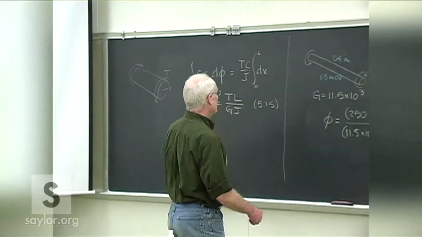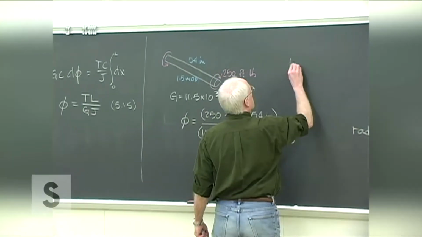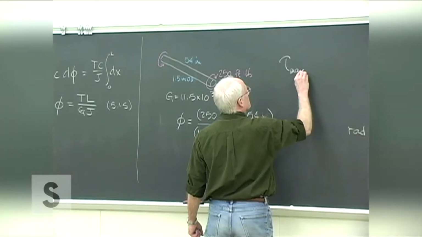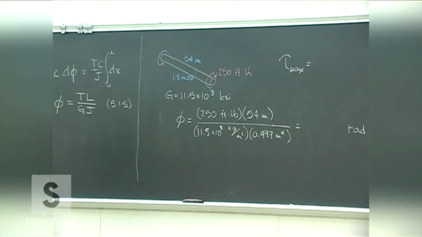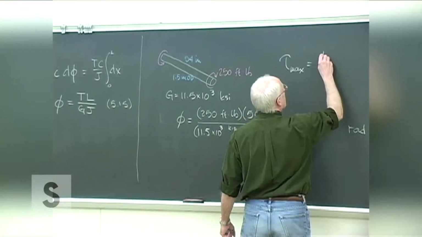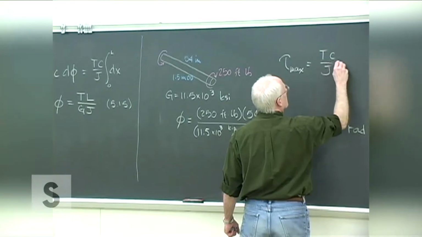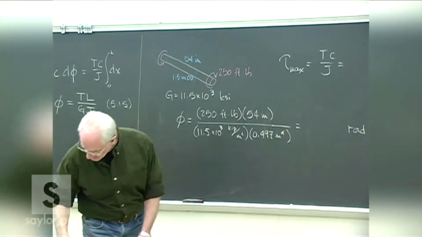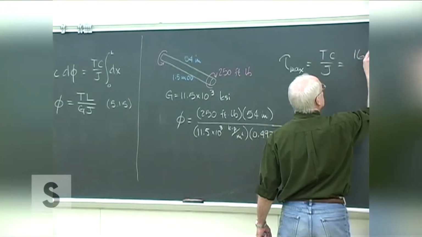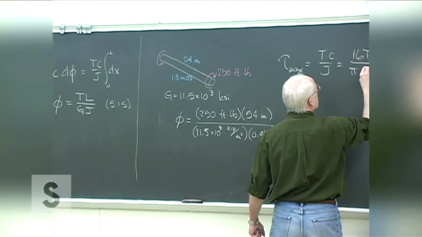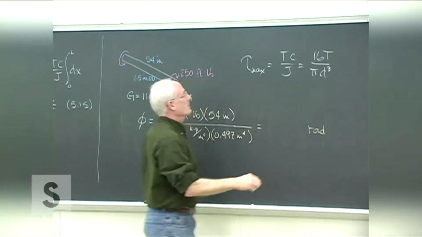And don't forget, we can also find the maximum shear stress in the problem by calculating that. Remember, I gave you that little bonus piece the other day, once I corrected it from the board.